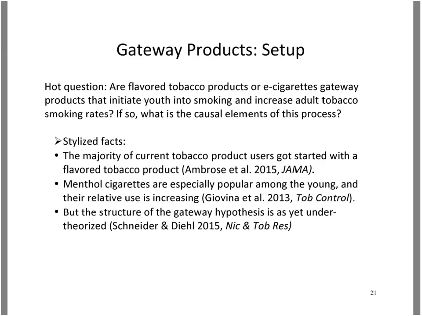But there have also been critical literature reviews that argue that the structure of this gateway hypothesis is as yet under-theorized. Well, that's a nice thing, because we can use DAGs to sort of think about causal structures.